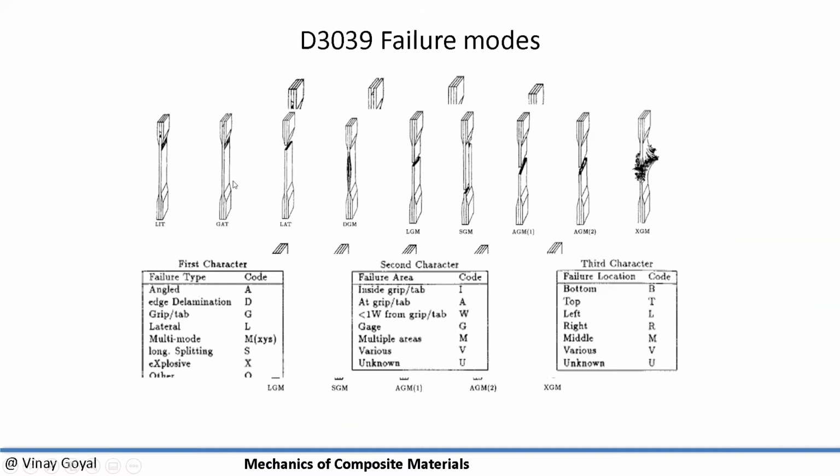Here we have a failure at the grip, which is not really desirable because that'll potentially give you a lower strength. Here you have a failure at LAT. What is that? Lateral at grip. And then also we have top.